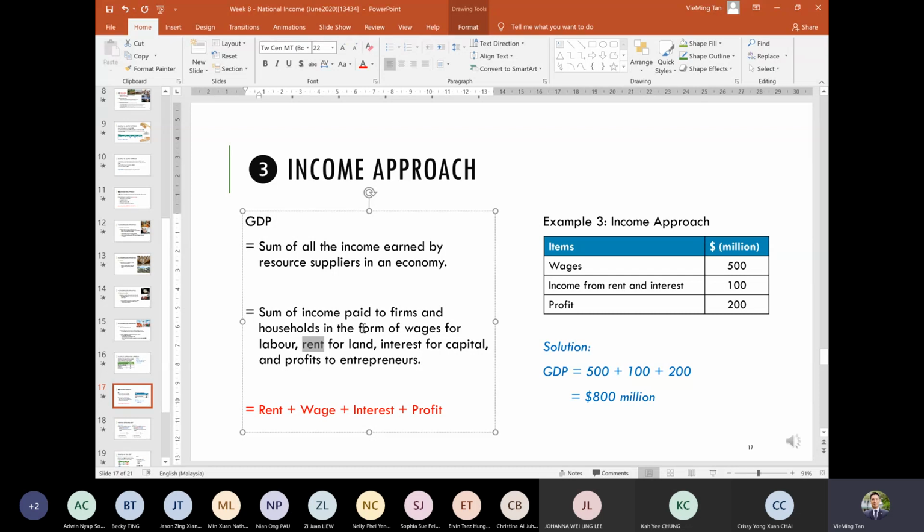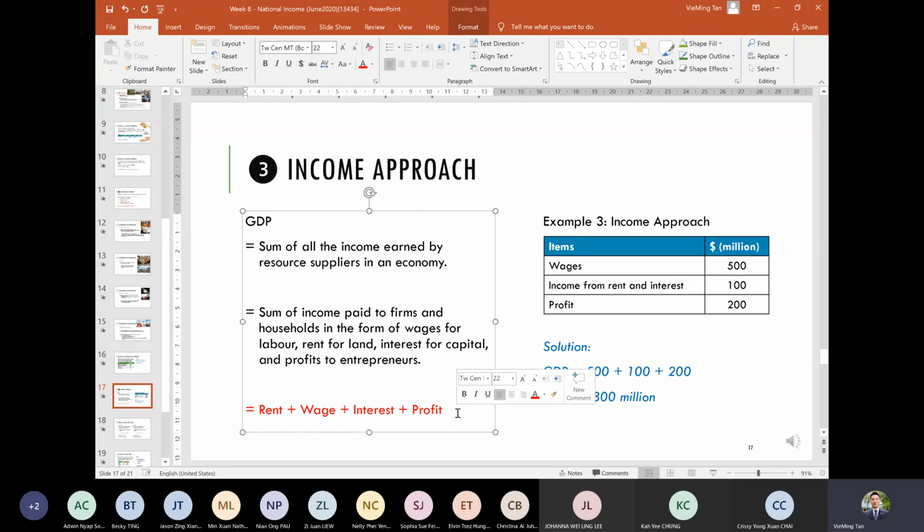These are the 4 returns that we need to sum up if we are using the income approach to calculate the GDP. In short, the GDP for the income approach is rent plus wages, or salary, plus interest for the capital and plus profit for the entrepreneur. This formula you need to remember.